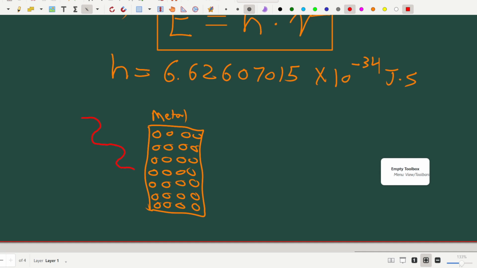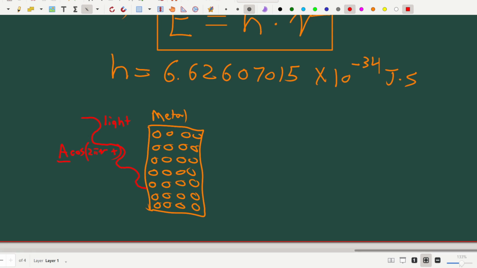So here's my light wave, and it has some amplitude. So A cosine 2 pi nu t. It's a wave of frequency nu, and it has an amplitude A.